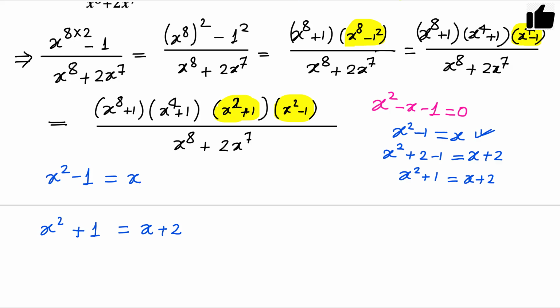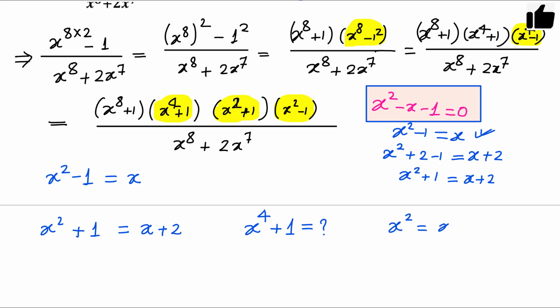Now let us consider the third term, that is x raised to the power 4 plus 1. Now this is tricky, how will we get this term? So what we can do is, we can rewrite this expression and then we can square, so that I can get power 4. So I will have x square equals x plus 1, and let us square both sides.